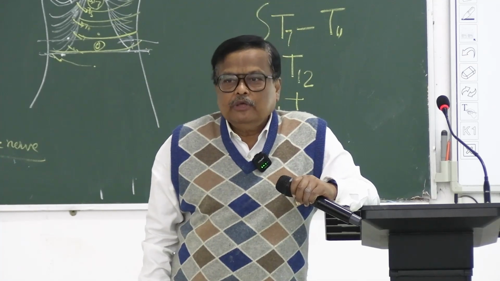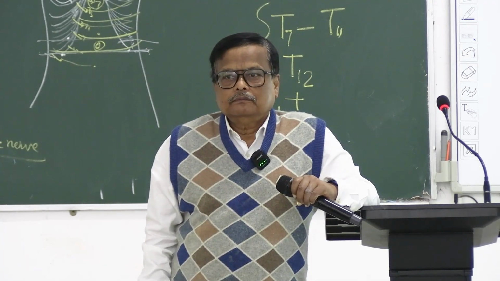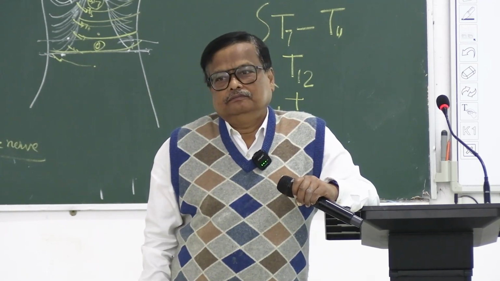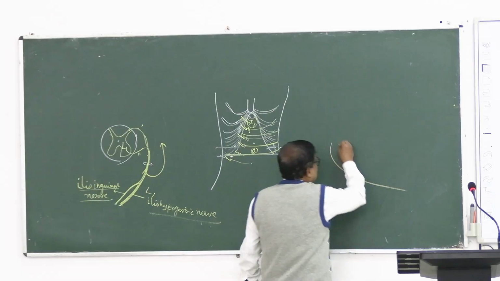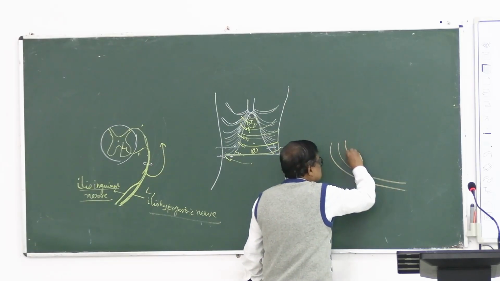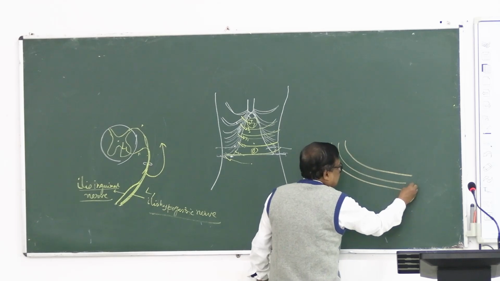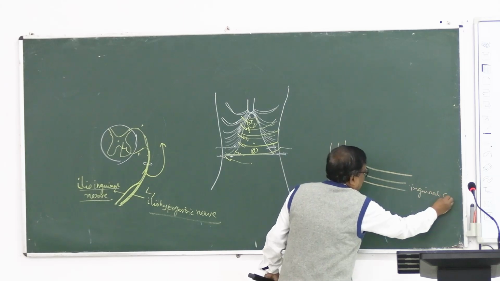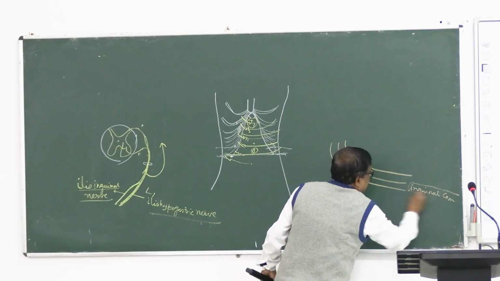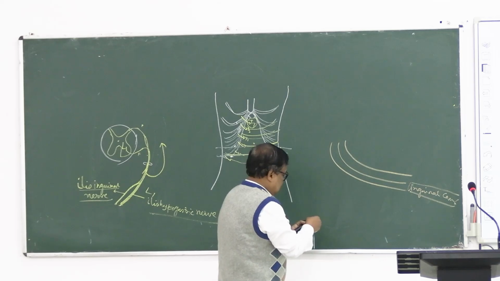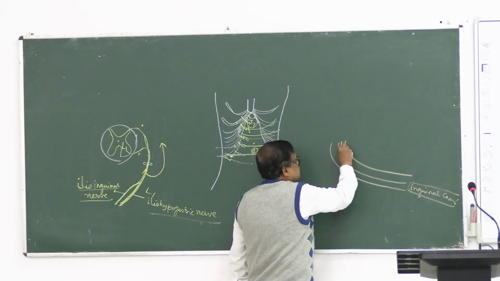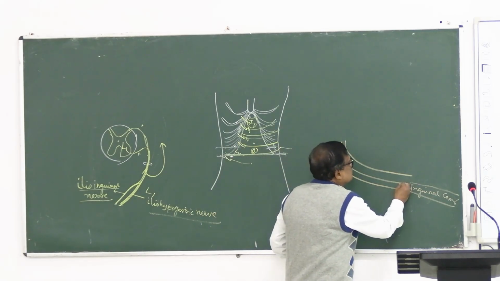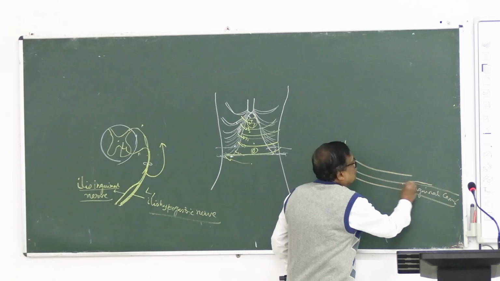Then the ilioinguinal nerve pierces the internal oblique muscle. Listen carefully, internal oblique, transversus abdominis, and here is the inguinal canal, which you will learn later. This internal oblique forms the roof of the inguinal canal.